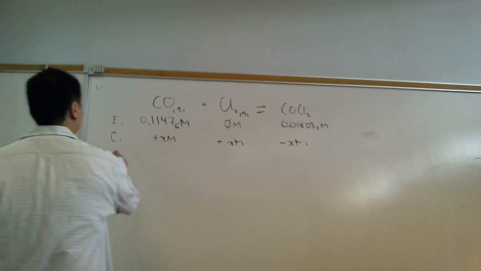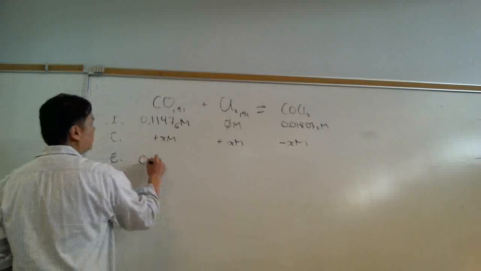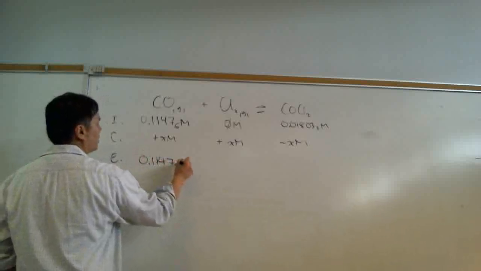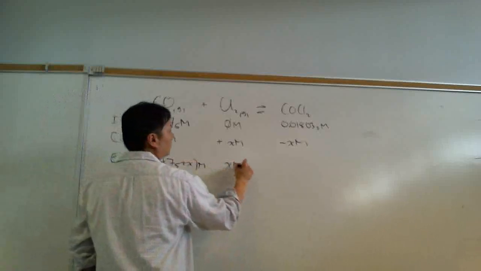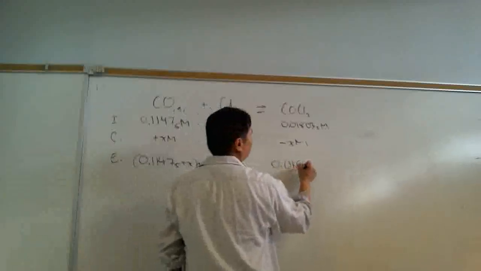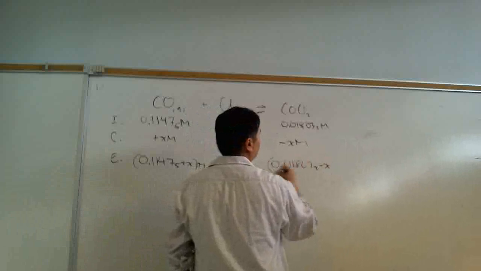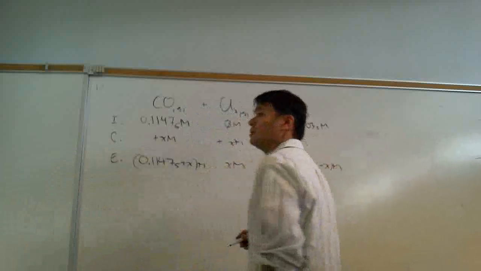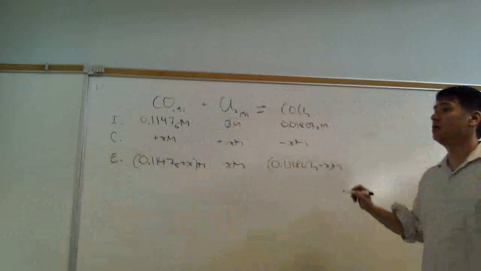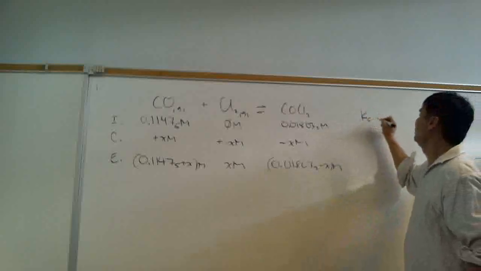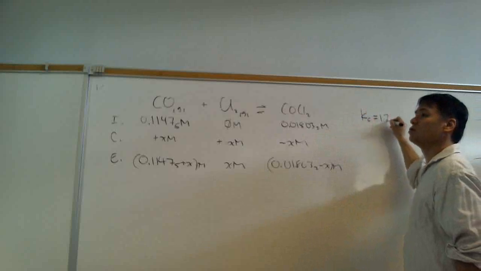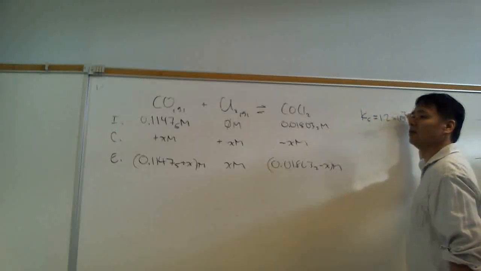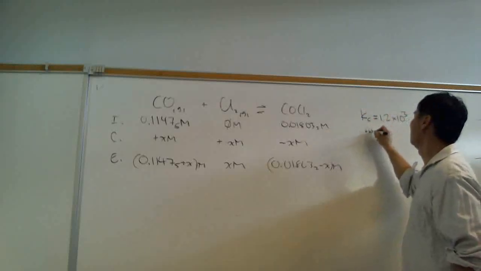So at equilibrium, we have 0.11475 plus x molar, x molar, and 0.018032 minus x molar. And what is the K value for this? The Kc value is equal to 1.2 times 10 to the third at 668 Kelvin.